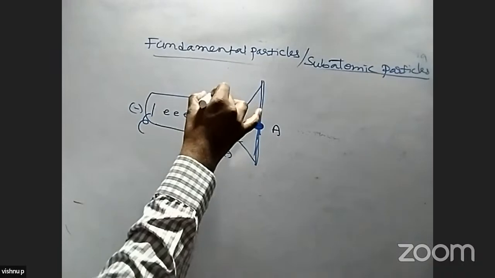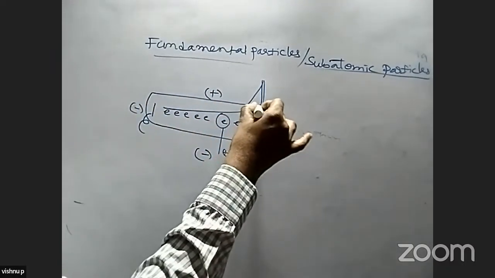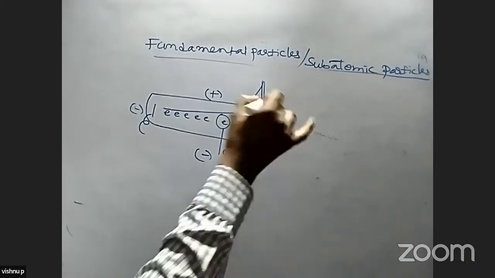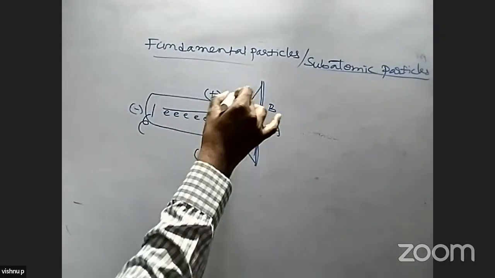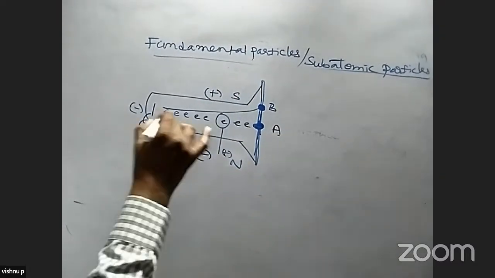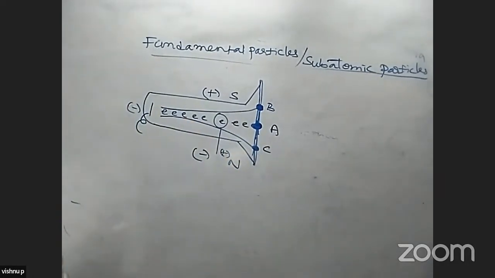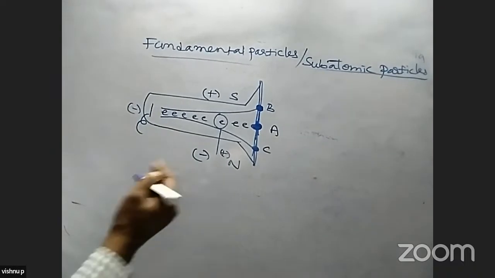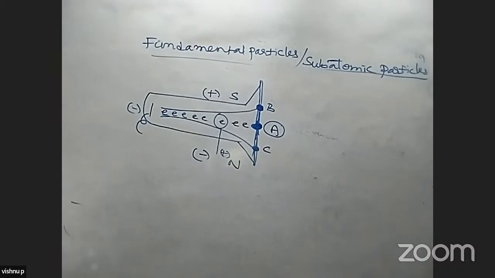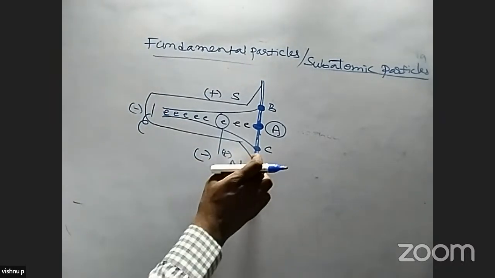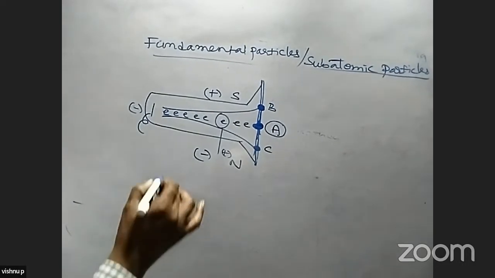If we apply an external electric field, the stream of electrons is attracted by the positive side, deflected, and strikes at point B. If we apply an external magnetic field, the rays strike at point C. If we apply the same electric field and magnetic field strength, the rays again strike at point A only. So from the magnetic field strength and electric field strength, the e by m value is calculated.